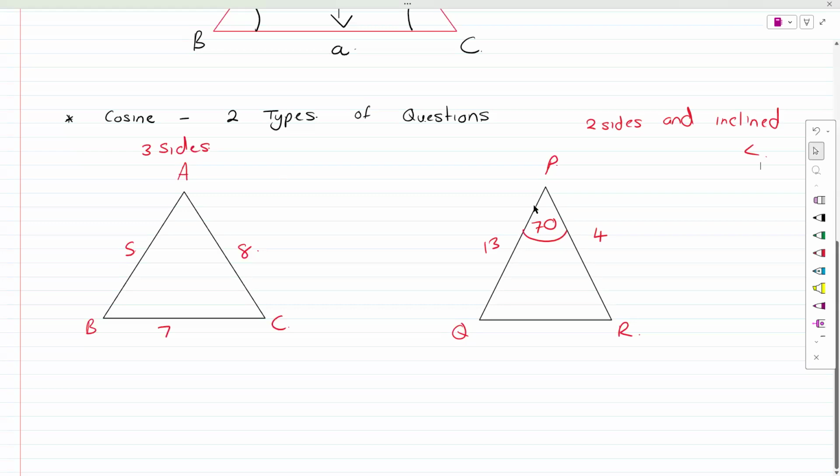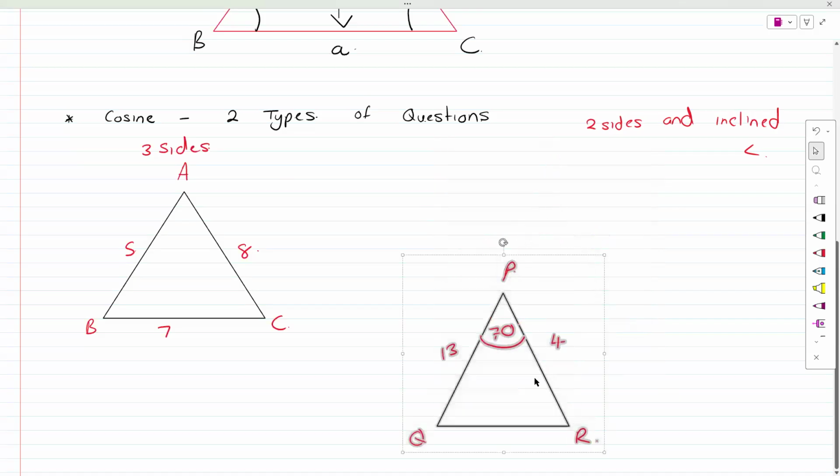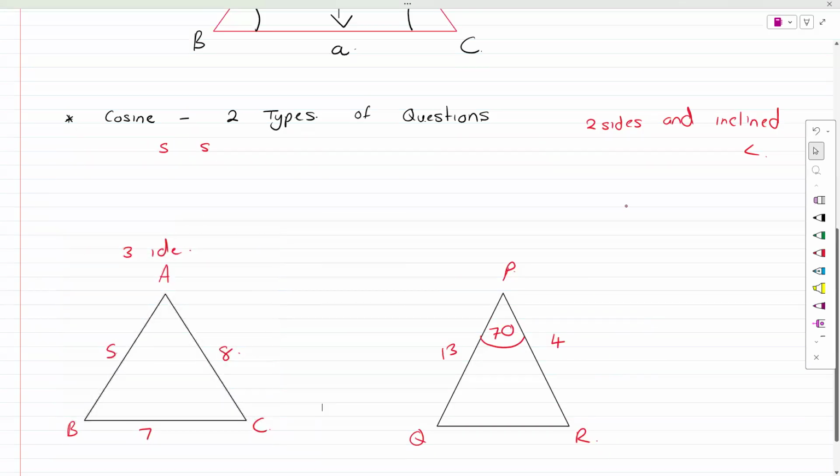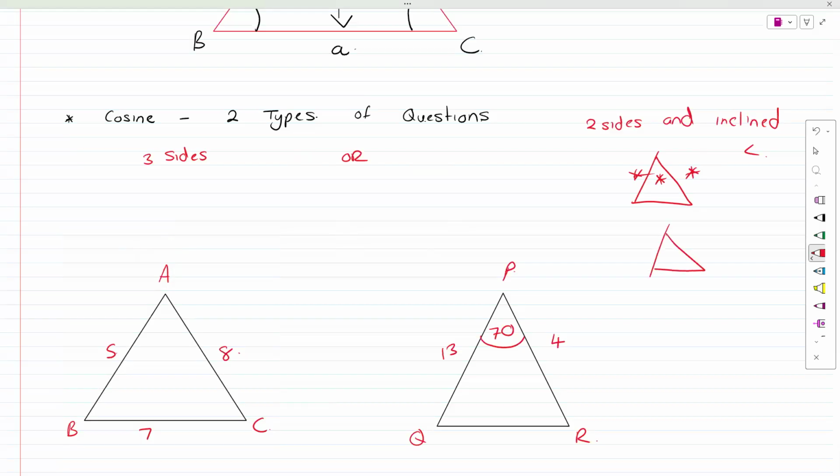Let's try again. If we look at this triangle, it's quite simple. It only works with three sides or two sides and an included angle. What does it mean? It means I have this angle and these two sides.